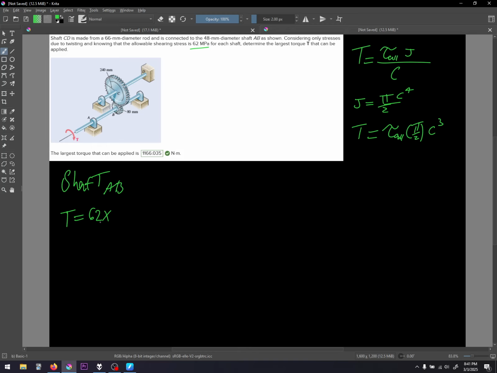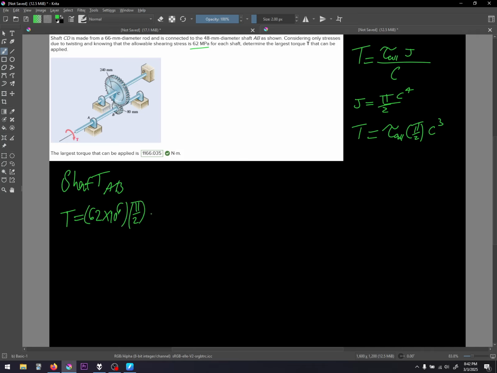Let's open my calculator, apps, science tools, unit converter, SI prefixes. Mega is times 10 to the 6th. So that's good. Now, pi over 2.